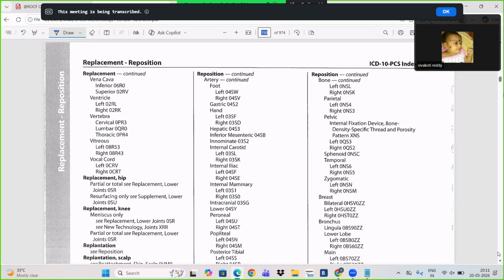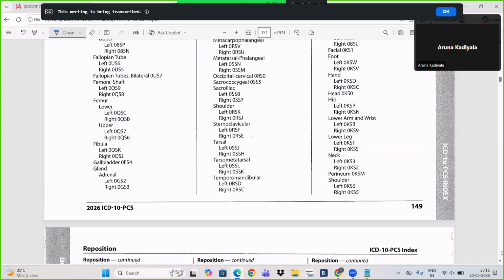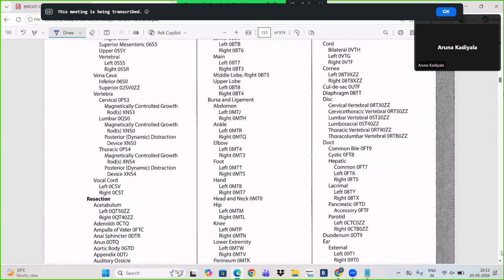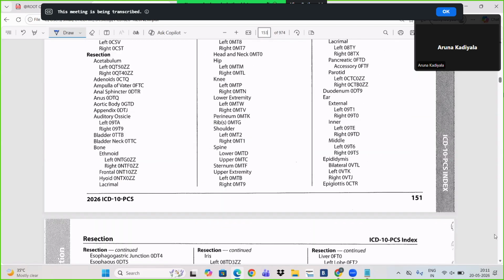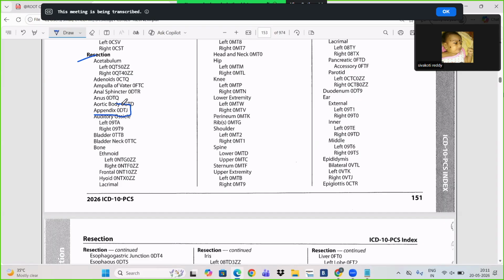What do you find under resection, appendix? Under resection, appendix 0DTJ, correct?